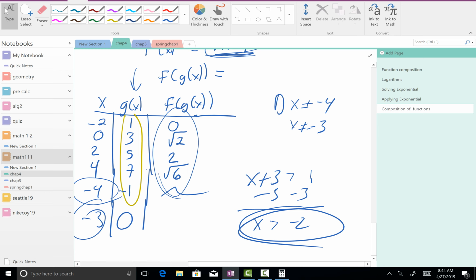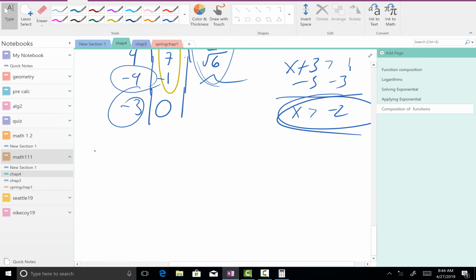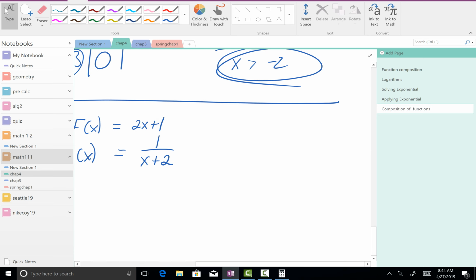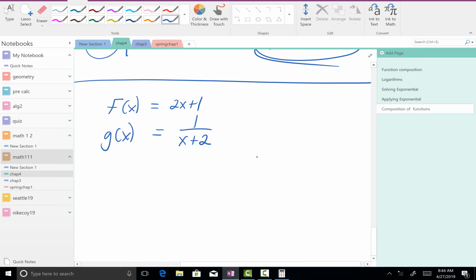So let's look at a couple of other examples of this, all right, because it is confusing. So let's take a look at, okay, here we have g of f of x, all right?